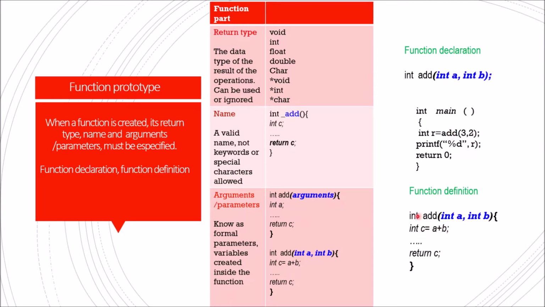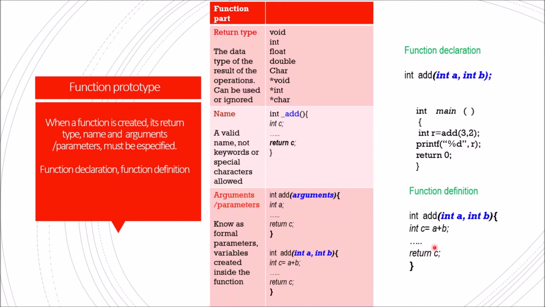And since the result is of integer type, what I expect here is that this expression, add and within the parentheses the operands, is equivalent to a result of type int.